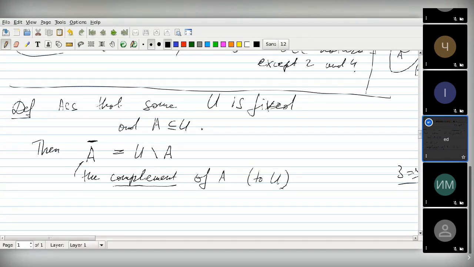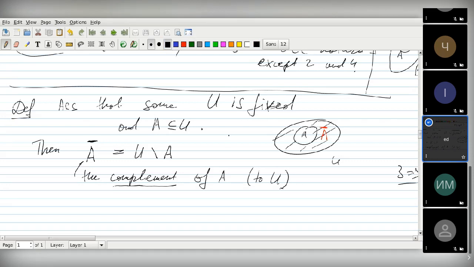So if some u is fixed and we are only considering subsets of that u, you may consider complements. That is all elements of u which do not belong to a. If this one is a, the complement is of course here. Is it clear?